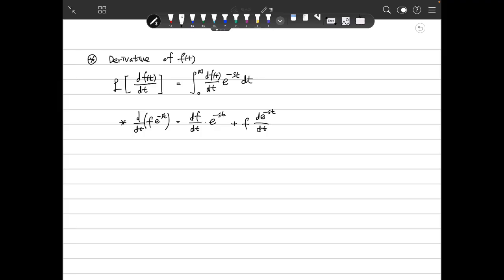We integrate on both sides from 0 to infinity.